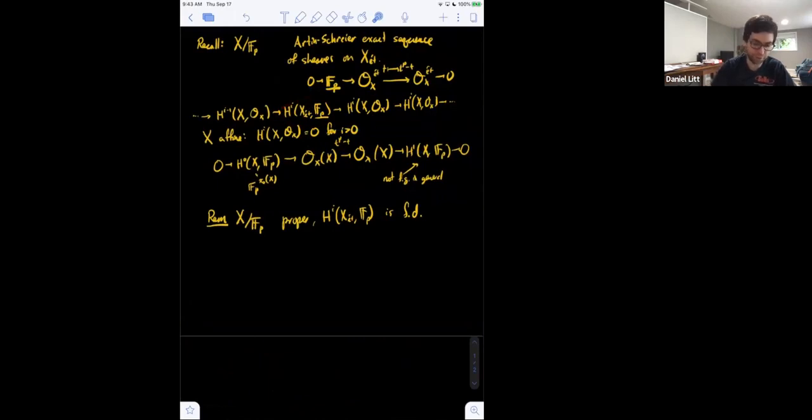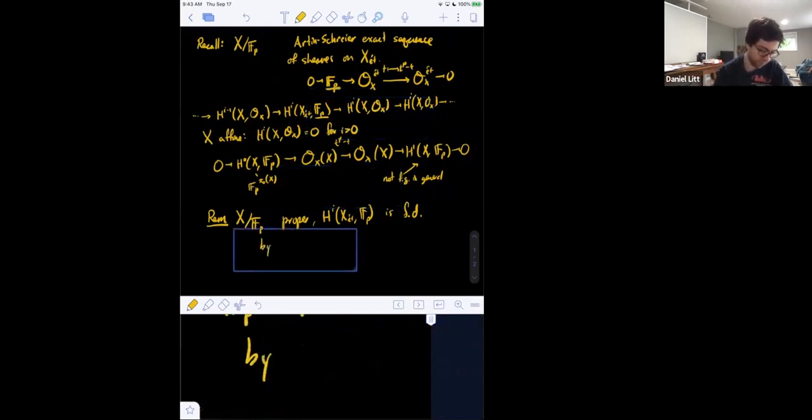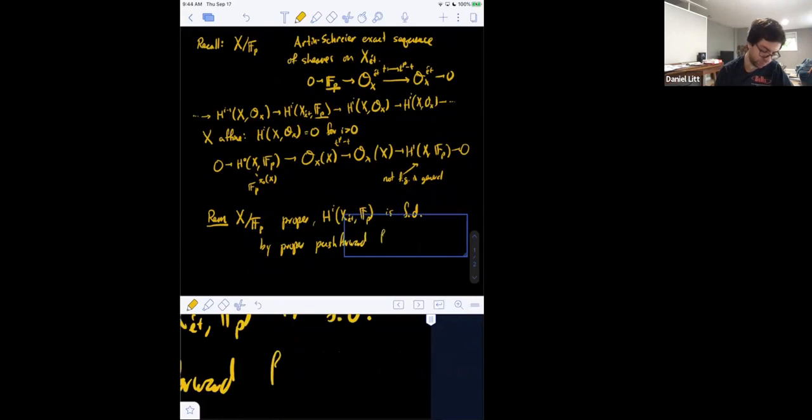So they better be finite dimensional. So this is by proper push forward for coherent cohomology. Right, so we've deduced the finite dimensionality of these Etale cohomology groups from the finite dimensionality of coherent cohomology groups.